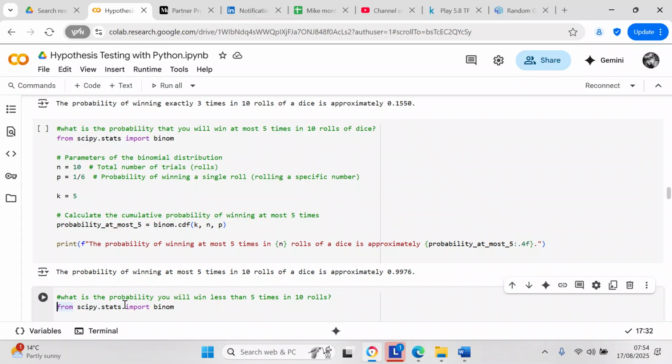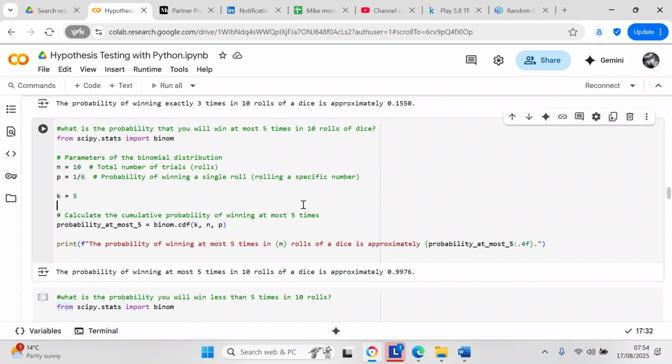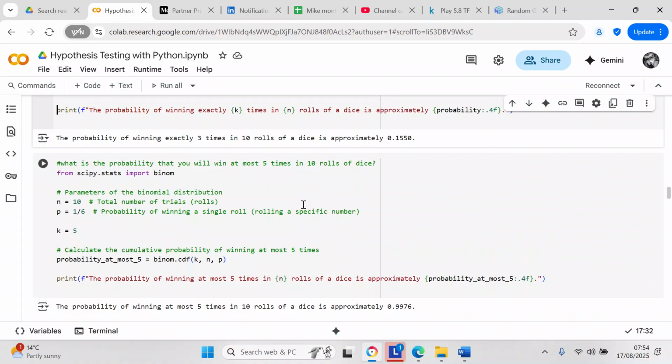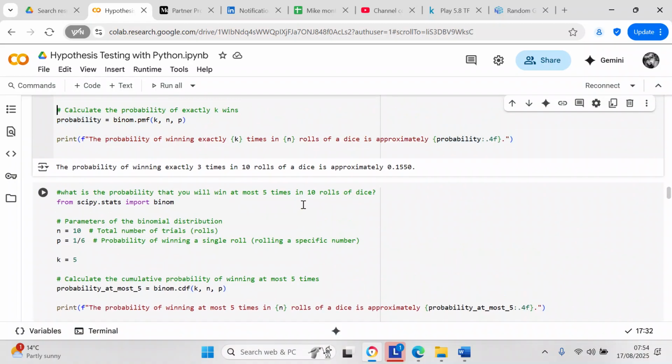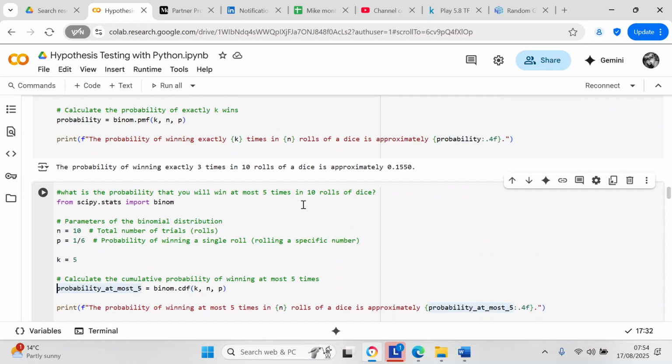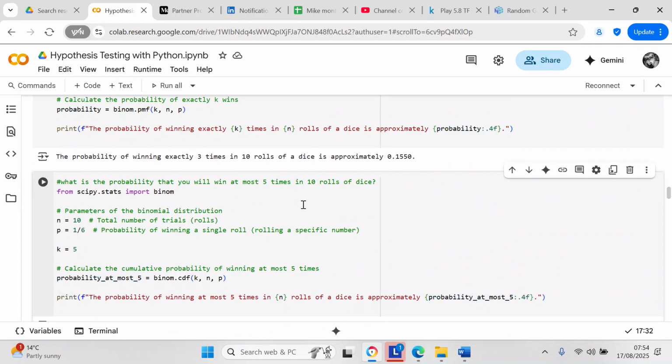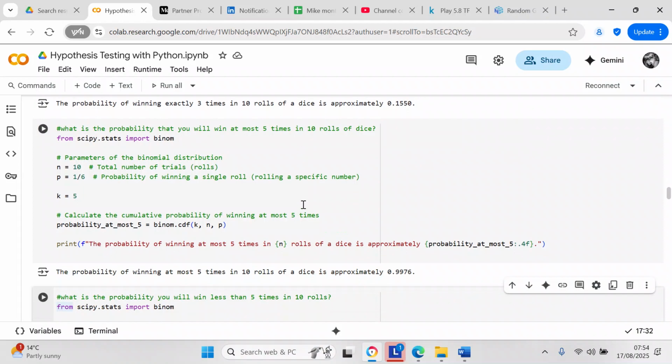So the probability of winning at most 5 times is 0.9976. In this one we're using the cumulative distribution function, and in the prior question we used the PMF, the probability mass function. Depending upon the question you ask, that will determine what function you use in the binomial distribution.